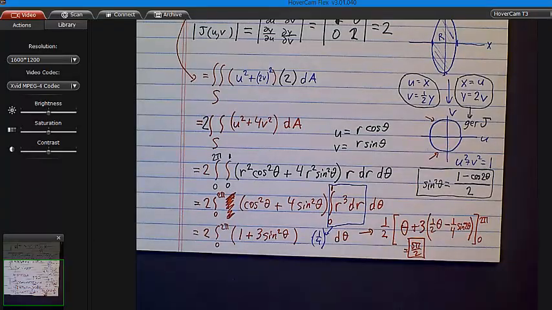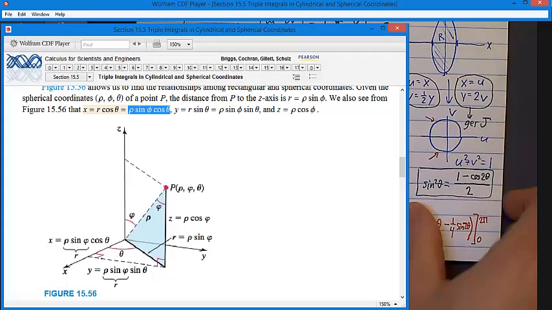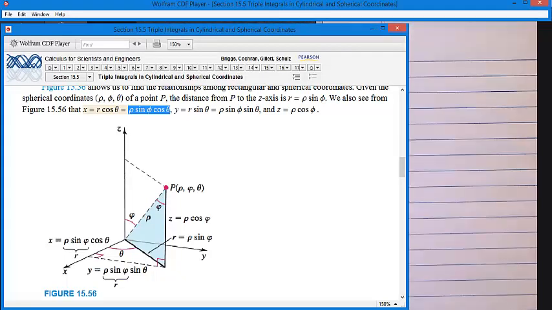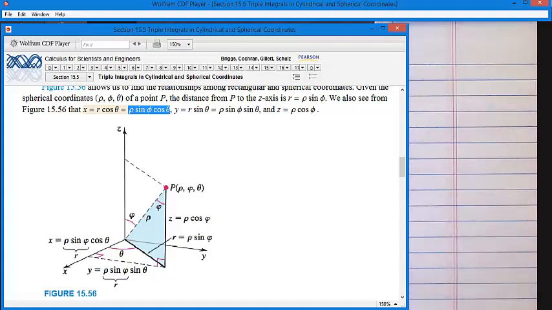So let's do that. Here, I want the book up there, but I want my pencil and paper, and I want to go back to spherical coordinates, right? So let's see.